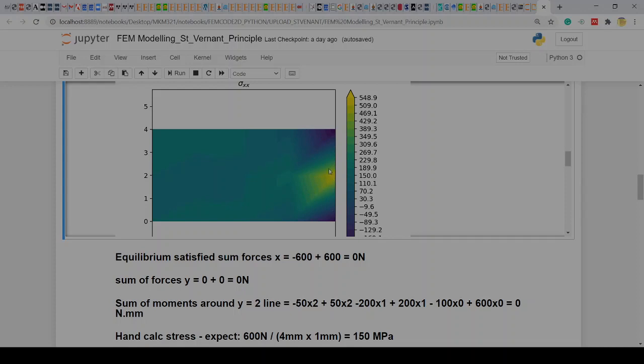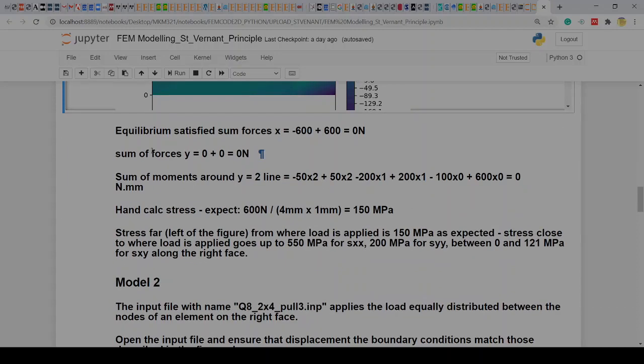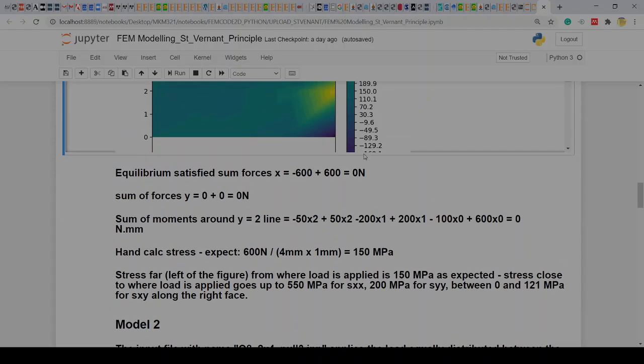If I'm interested in the answer there, big problems. If I'm only interested in the answer far away from where I applied the load, I'd be very accurate with the answer, and I got away with modeling a distributed load at this edge in a simplified fashion. Okay, so let's look at equilibrium, sum of forces in the x direction.